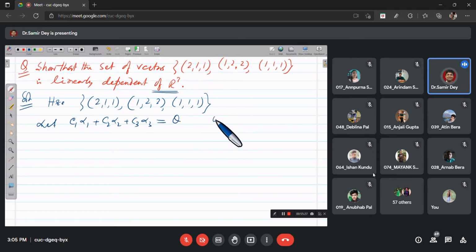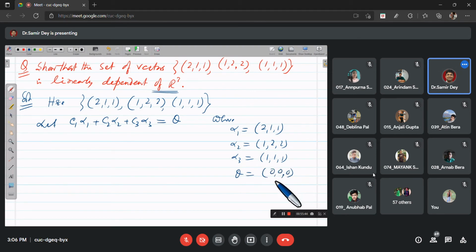I'm changing a little bit. On the right side you write where alpha 1 is equal to (2,1,1), alpha 2 is equal to (1,2,2), alpha 3 is equal to (1,1,1), theta is equal to (0,0,0). Is it clear to all of you? Here I have changed the representation only, nothing else.